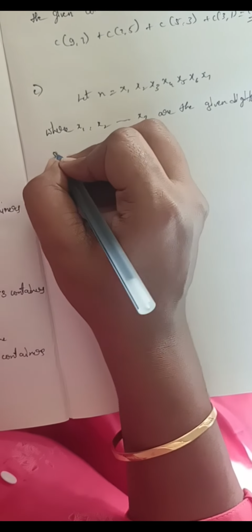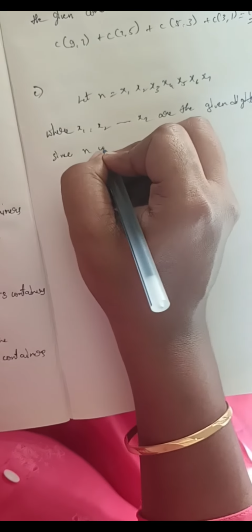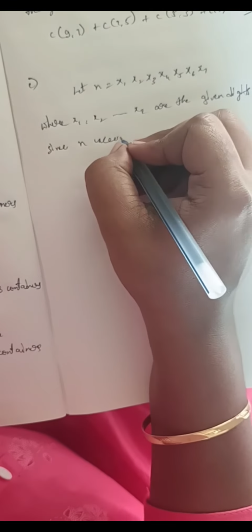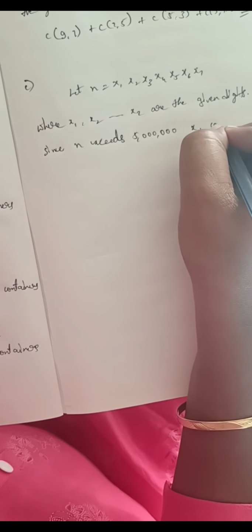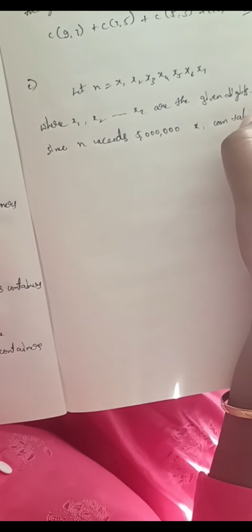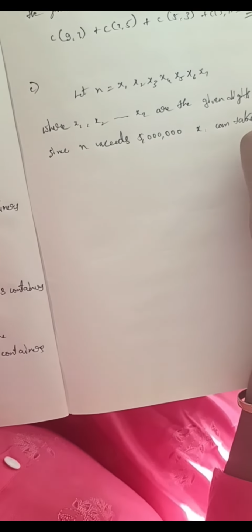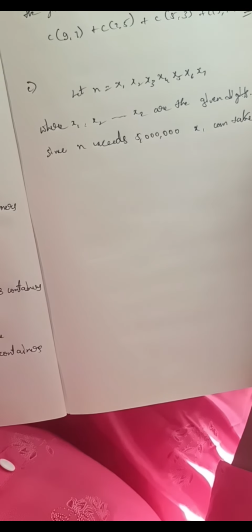Since n exceeds 5000000, x1 can take 5 or 6 or 7.